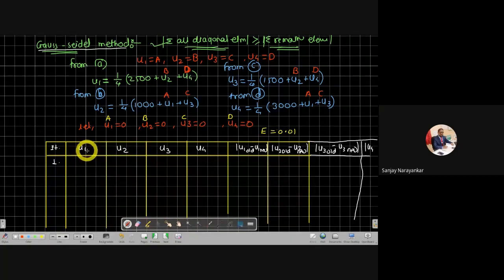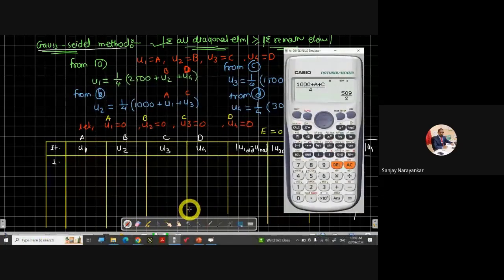Now we have to find out U1. So for us, U1 is A, U2 is B, U3 is C, and U4 is D. Now I have to find out U1. So use the calculator. What's the equation for U1? This is the equation for U1. The previous assumed values are 0, 0, 0.